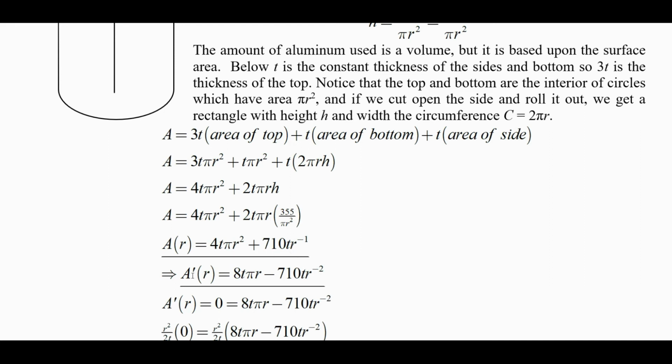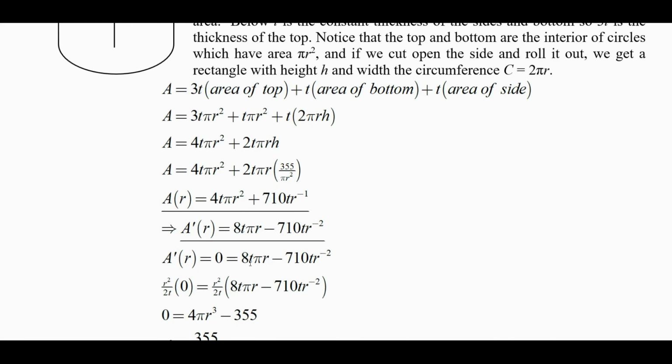So if we take the derivative now, A prime of r, remember t is a constant, so this is just a sum of power functions. Take the power times the coefficient: 8t pi r minus 710 t r to the negative 2, and set that equal to 0.